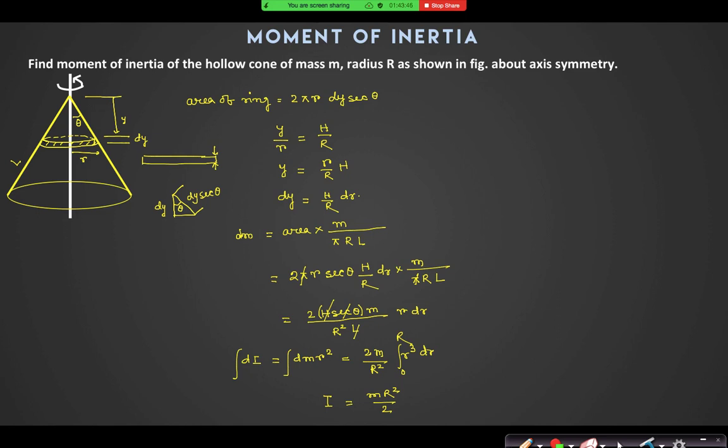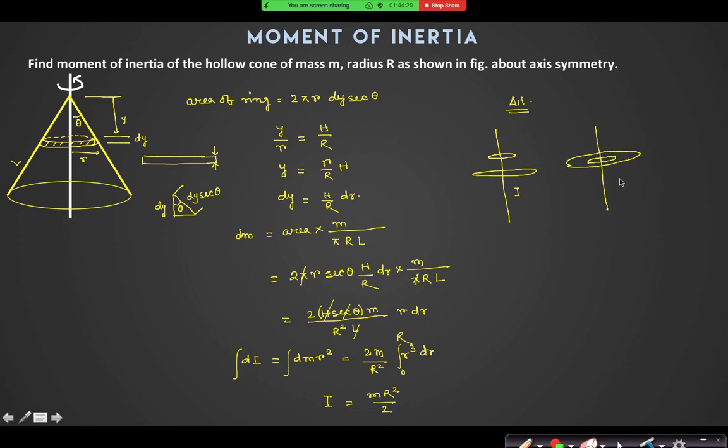Now there is one alternate observation of this problem that you have to understand. Suppose this is one axis of rotation and I have a ring here, I have a ring here, and the moment of inertia is I. I have the same axis of rotation, but I have the ring here and I have the ring here.